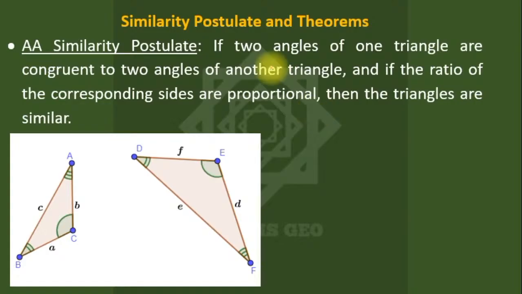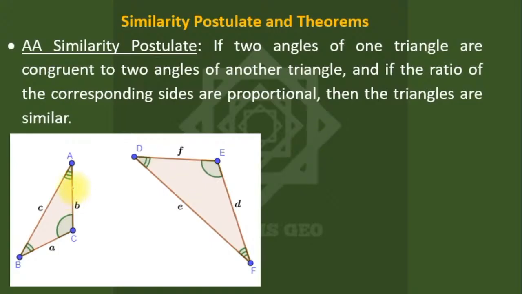To know whether it's the postulate or the theorem, we check if it's two angles. If two angles of one triangle are the same as two angles of another triangle, that's the first condition. Second, if the ratio of the corresponding sides are proportional, then they are similar.